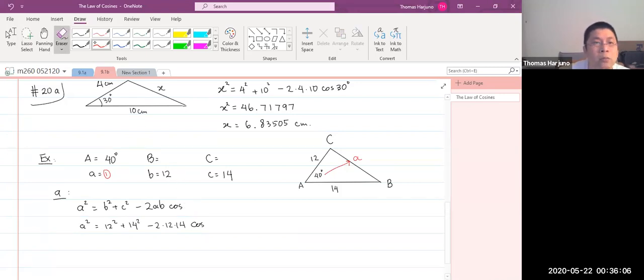Cosine A. Let me just compute that right quick. 12 squared plus 14 squared minus 2 times 12 times 14 cosine 40.